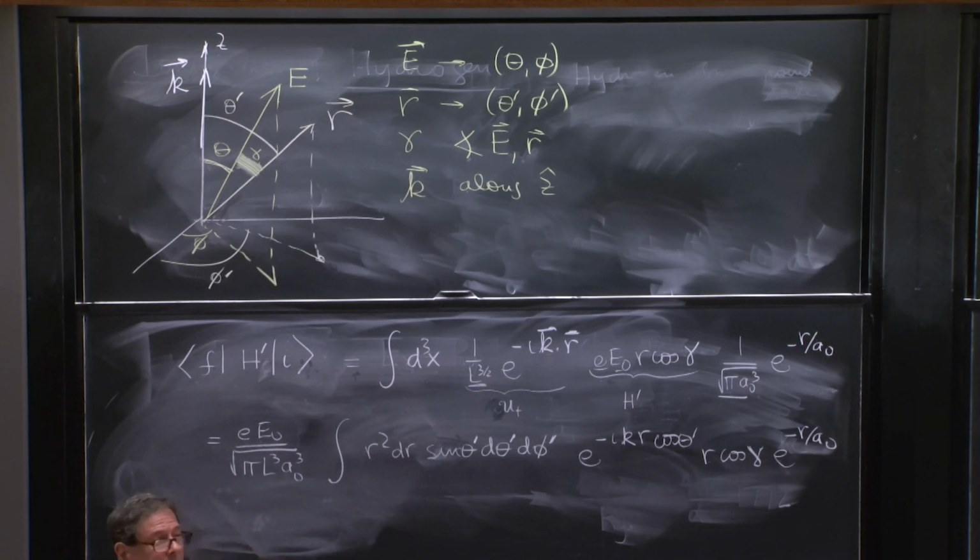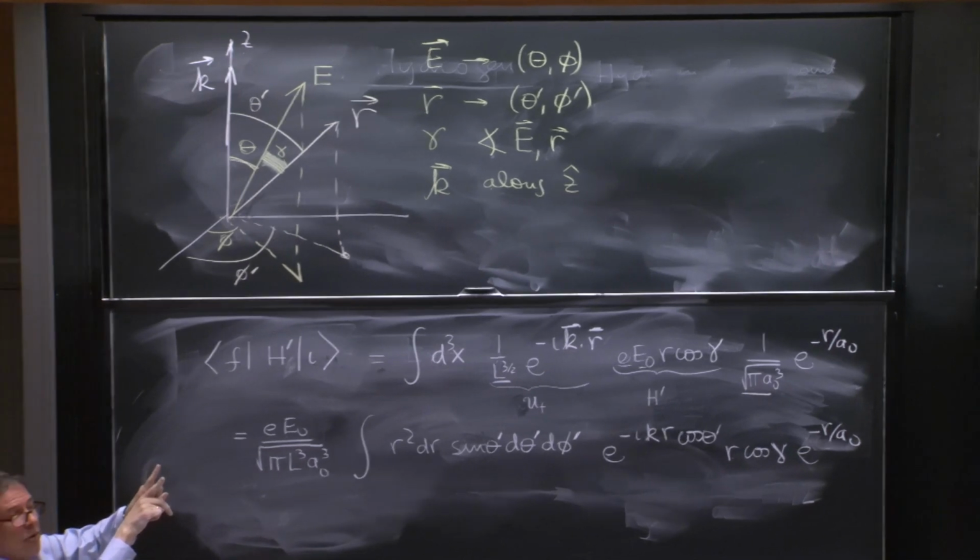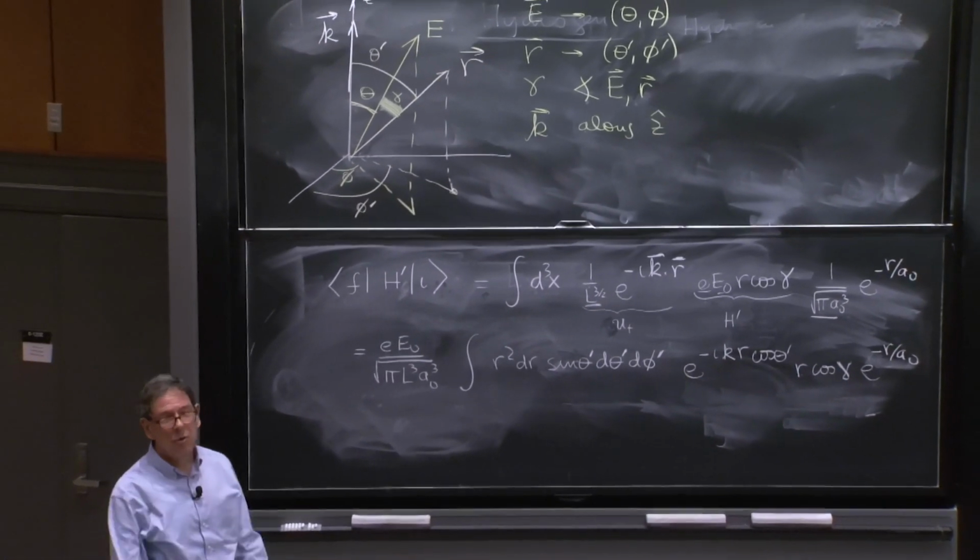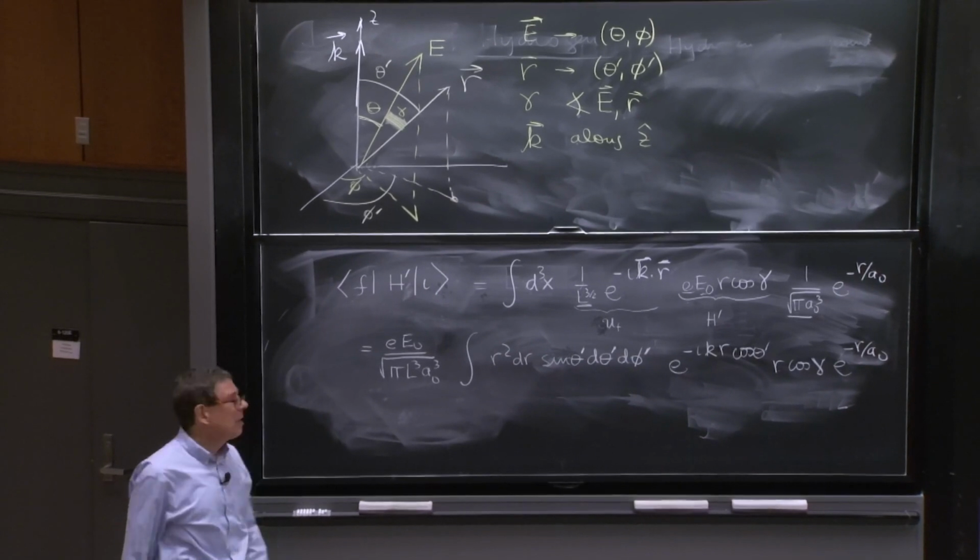So we can begin by calculating what cosine gamma is. And here is the way you can calculate cosine gamma. When you have two unit vectors, the cosine of the angle between them is just the dot product of those two unit vectors.